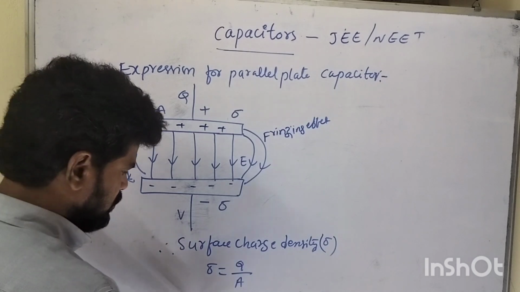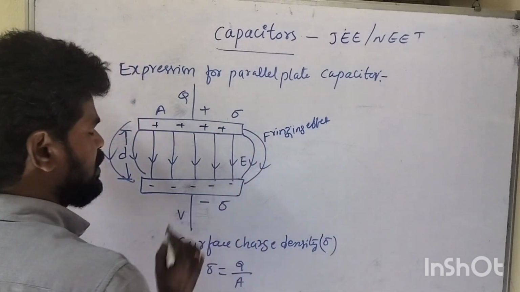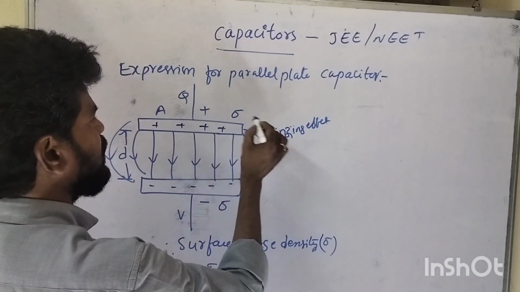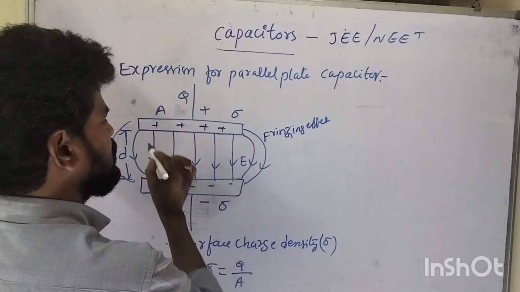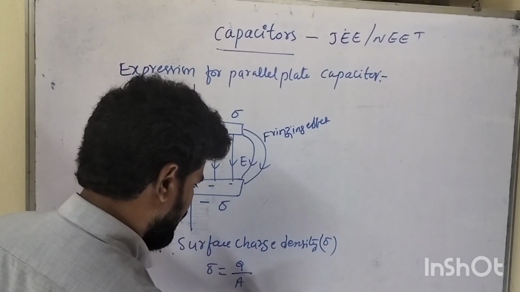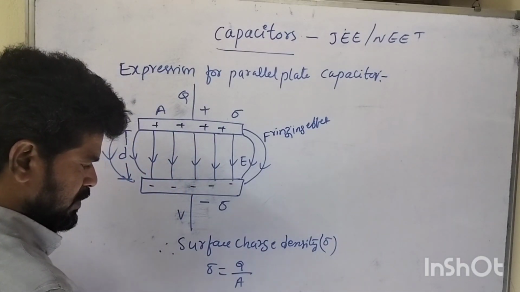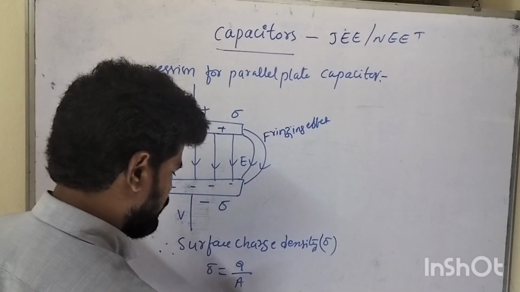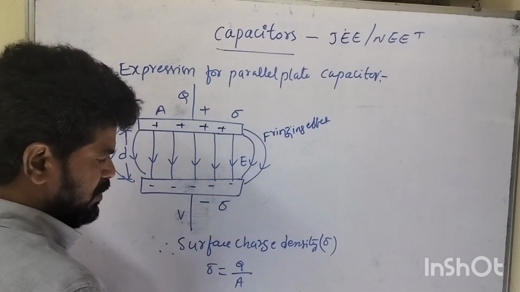Now the electric field intensity of the first plate is E1, which equals sigma by 2 epsilon naught.